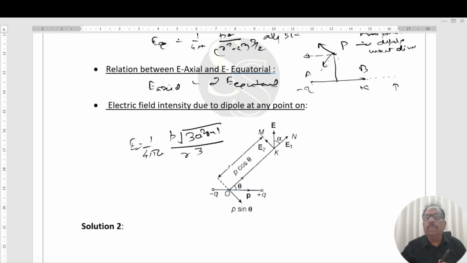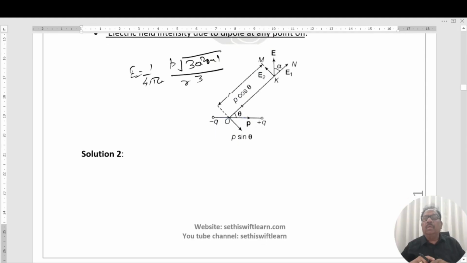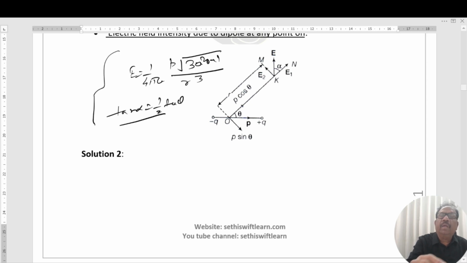Next, for the direction, tan of alpha is equal to 1 by 2 tan of theta. These are the two at any point.